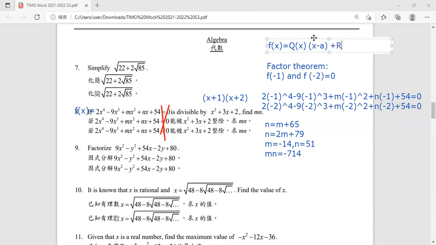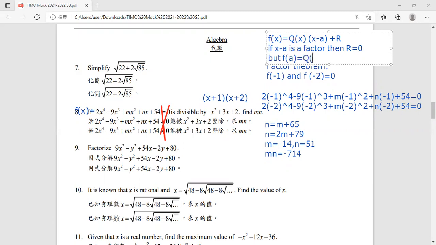Now, if x minus a is a factor, then the remainder is 0. f(a) actually is equal to q(a) times a minus a, which means that it should be 0.